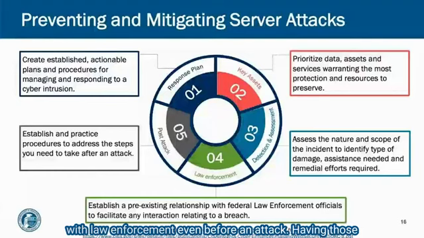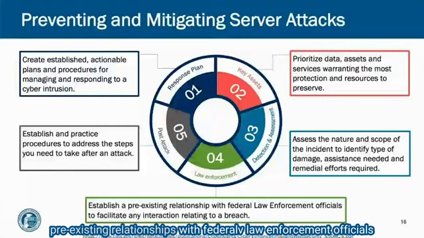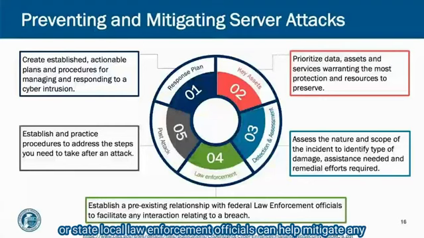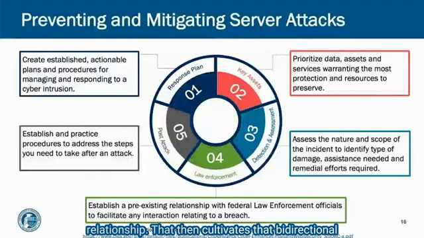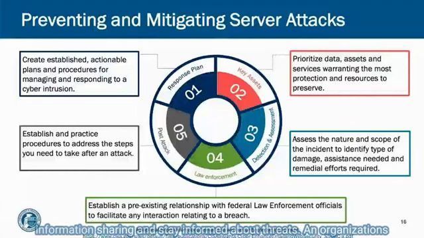Definitely engage with law enforcement even before an attack. Having those pre-existing relationships with federal law enforcement officials or state and local law enforcement officials can help mitigate any interaction related to a breach and helps establish a trusted relationship that then cultivates that bidirectional information sharing. And stay informed about threats.